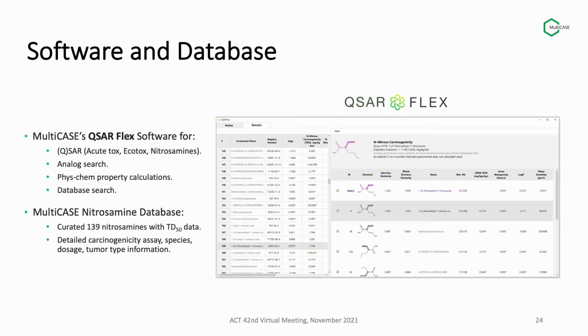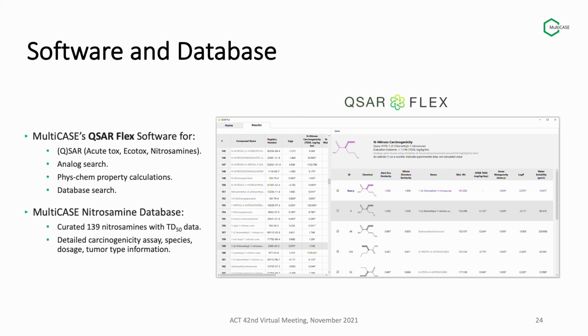Specifically, as far as the database of nitrosamine is concerned, as I mentioned before during the discussion of the QSAR model, we have used a training set of 139 nitrosamines, and we have curated the carcinogenicity data for them.